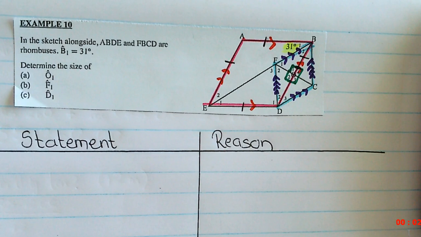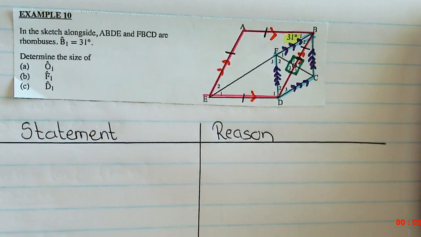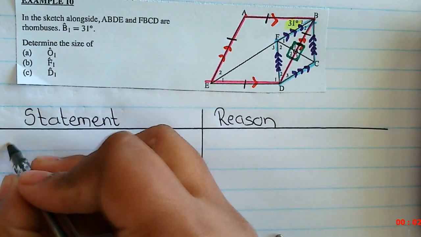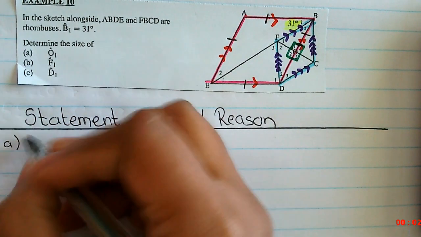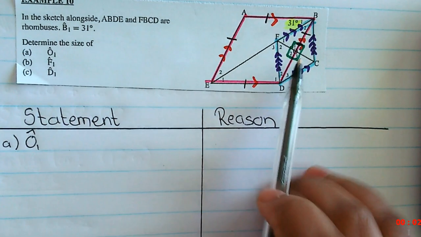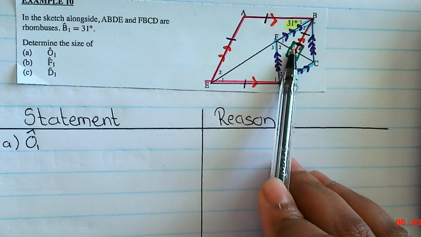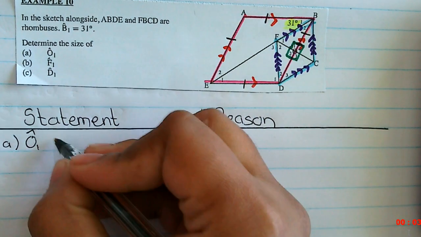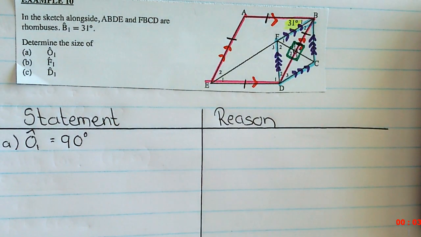So let's see. What is the size of angle O1? O1 is positioned over there. So there's O, there's 1. It's already there. Wow. How big is that? 90. O1 is a 90-degree angle. And the reason is what you guys shouted at me.